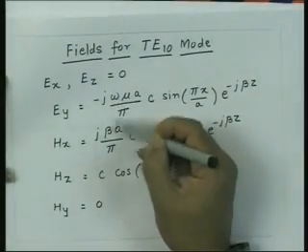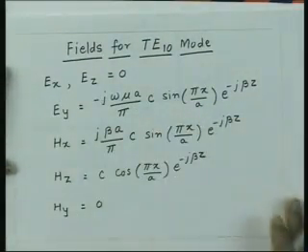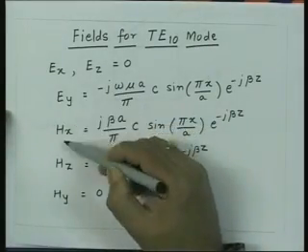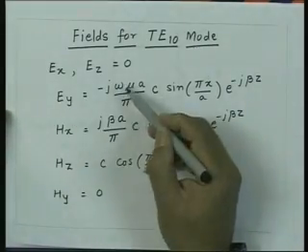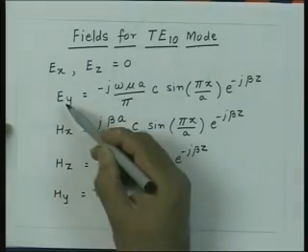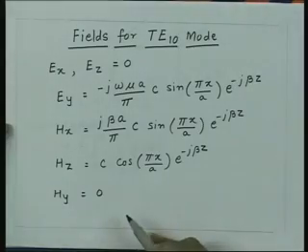Since these two quantities, this is minus j, this is j, only this product will give me real part, product of these two will give me imaginary.